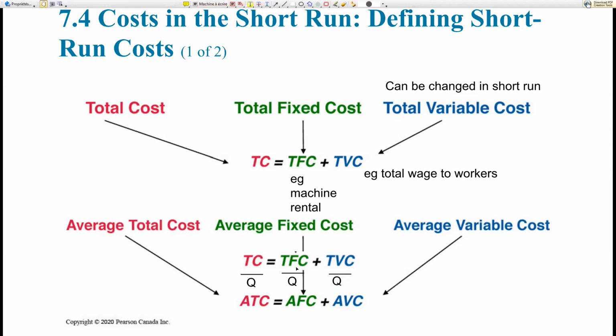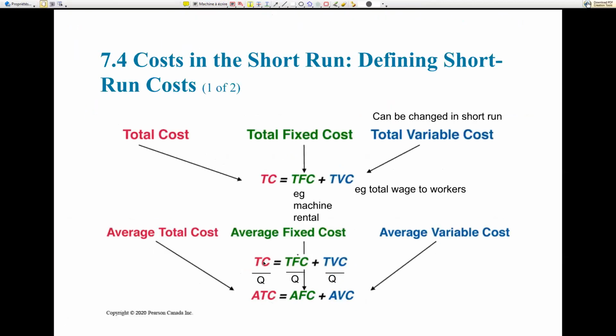So to find average total cost, you divide total cost by the production, Q. Total fixed cost divided by Q is average fixed cost, and average variable cost is total variable cost divided by Q. So it's average over your whole production.